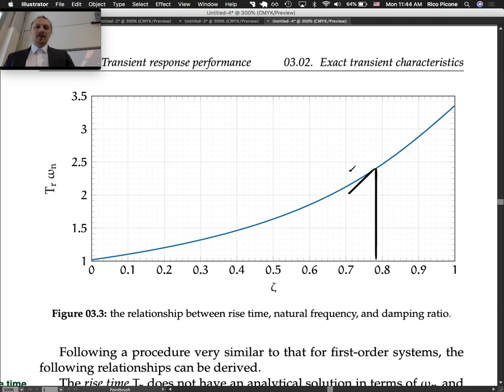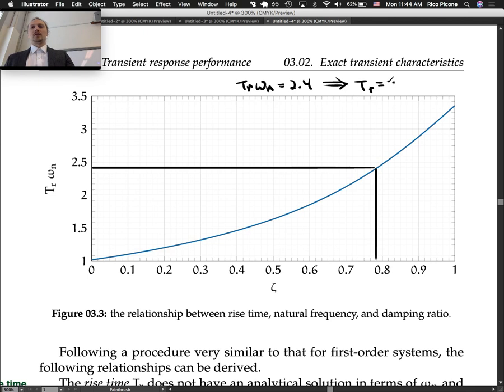That would correspond to a normalized rise time of 2.4. So that would be TR omega n equals 2.4, which gives you a solution for the rise time, which is 2.4 divided by the natural frequency. So you do need to know the natural frequency to determine this.